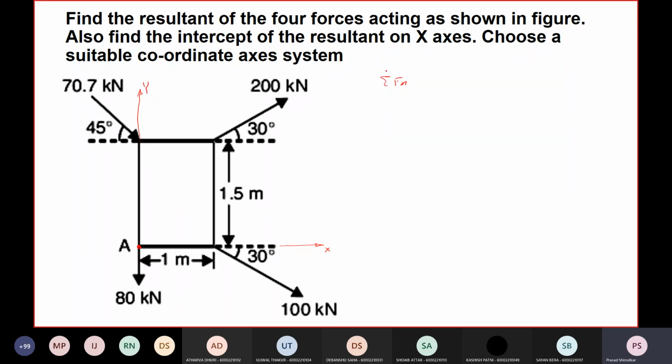So summation Fx, right hand side positive, is 70.7 cos 45 plus 200 cos 30 plus 100 cos 30, and summation Fy, upwards positive, is equal to 200 sin 30 minus 70.7 sin 45 minus 80 minus 100 sin 30. So calculate summation Fx, and calculate summation Fy also.